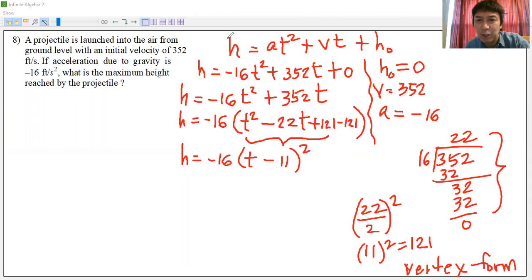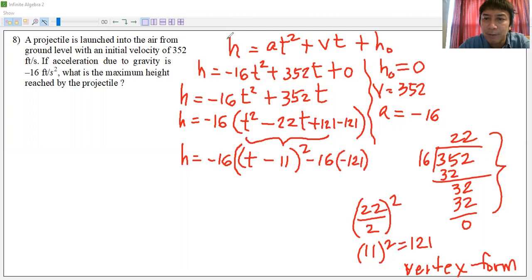Now, the negative 16 will be multiplied by the negative 121. Remember, we still have a parenthesis here, and the negative 16 will be multiplied back times the negative 121.